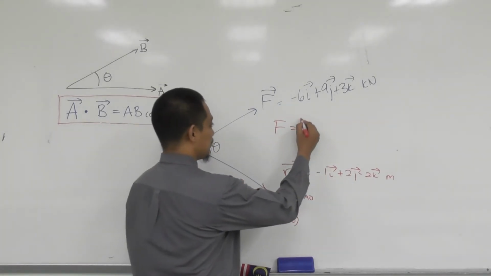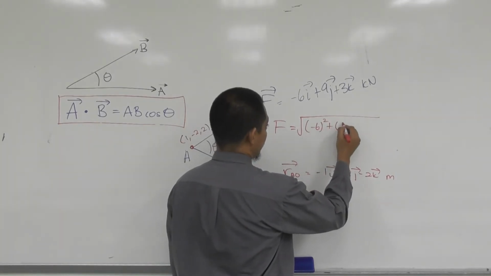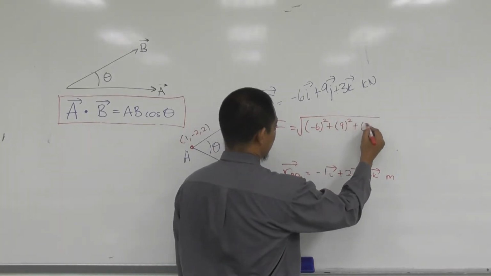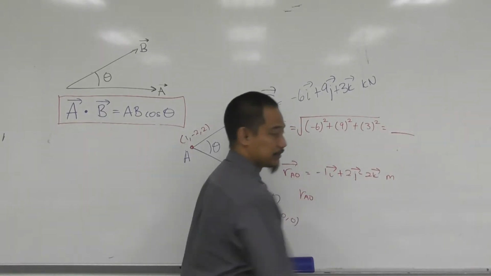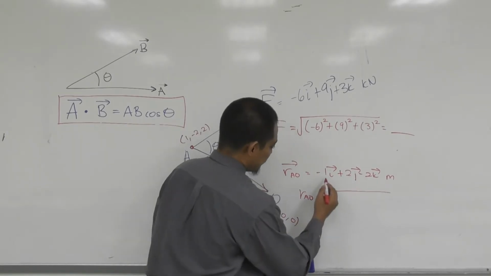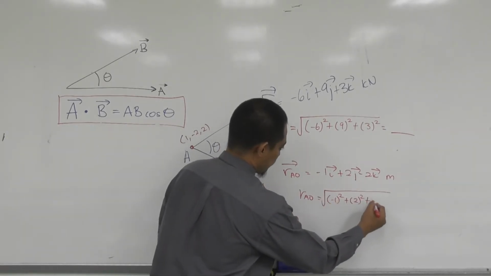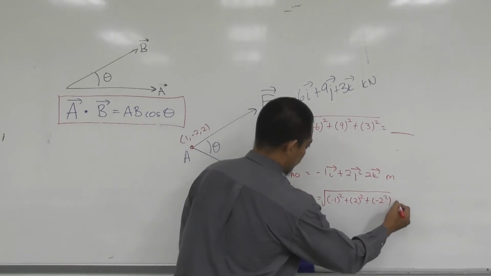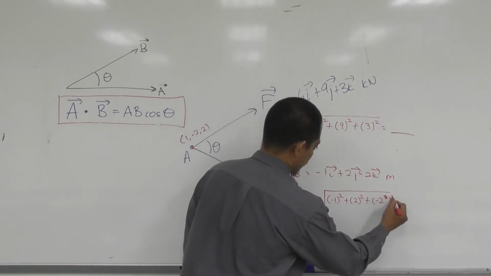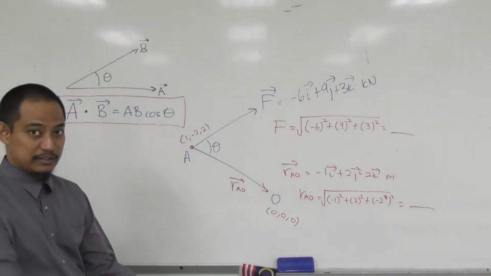Straightforward, right? So square root of minus 6 squared plus 9 squared plus 3 squared. You get the answer there. This one again also, square root of minus 1 squared plus 2 squared minus 2 squared. You get your answer there, right? So now you have all the ingredients needed.